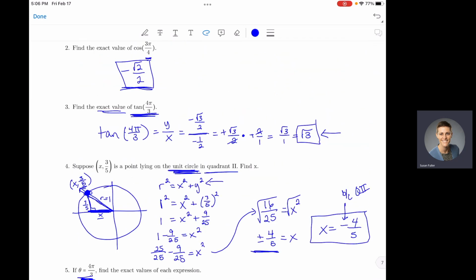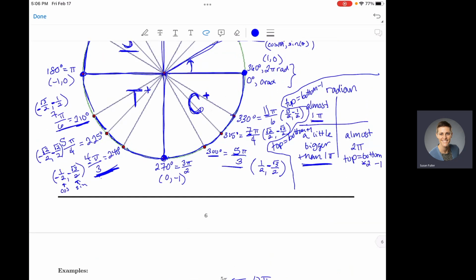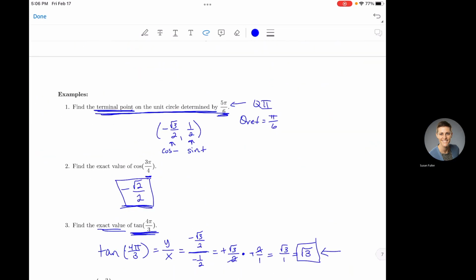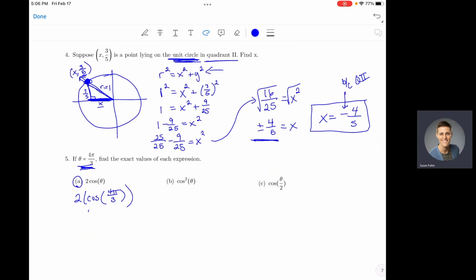If I come back up to my unit circle, 4 pi over 3 is down here in quadrant 3. The cosine of 4 pi over 3 is my x value here of negative 1/2. And so our cosine value here is negative 1/2.